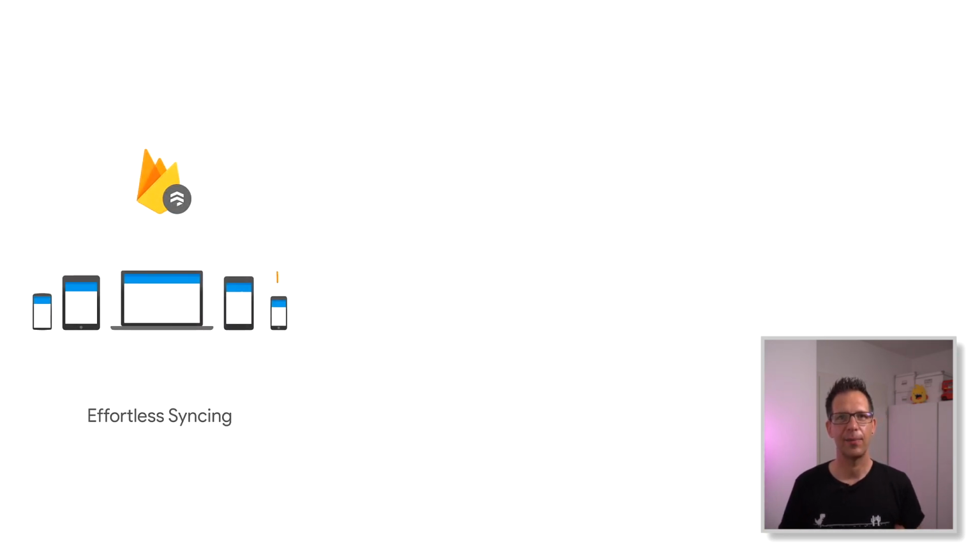So Firestore has a couple of really cool features. For example, it has near real-time sync, and that means when you make a change, for example, to a field, or you add a new record to the database, all other clients who are subscribed will be updated within a second or so.